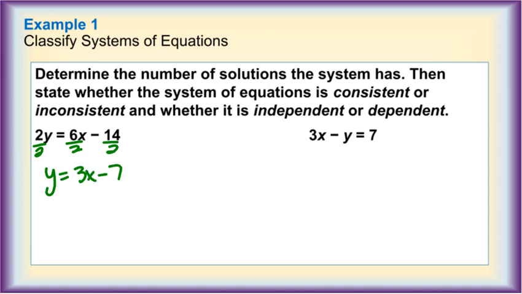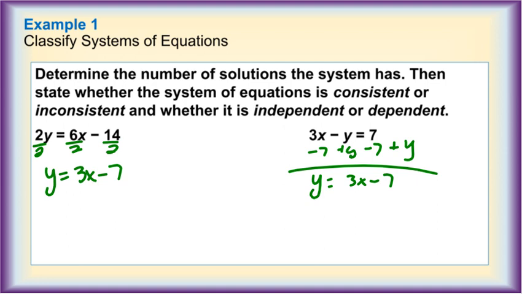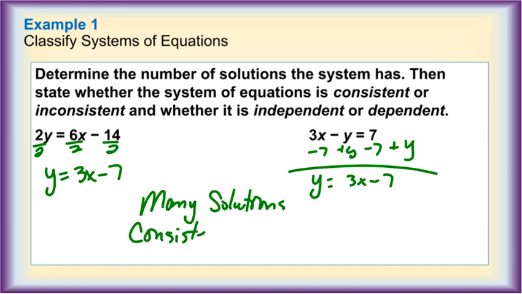And over here, if I add y and subtract 7, I now have y equals 3x minus 7. I notice that my slope is the same and the y-intercept is the same. So that means this would be many solutions because they're the exact same line. That means this is consistent and dependent.